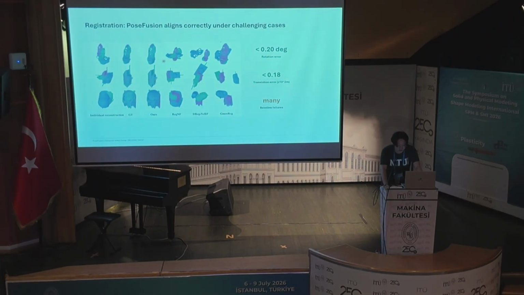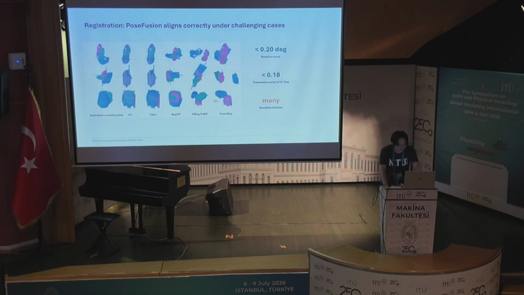The examples include large pose changes, complex topology, and self-occlusion. PoseFusion still produces consistent alignment in these challenging cases. However, in contrast, several baseline methods such as REGNF, DREGNERF, or Gauss REG failed to register certain cases for different reasons.